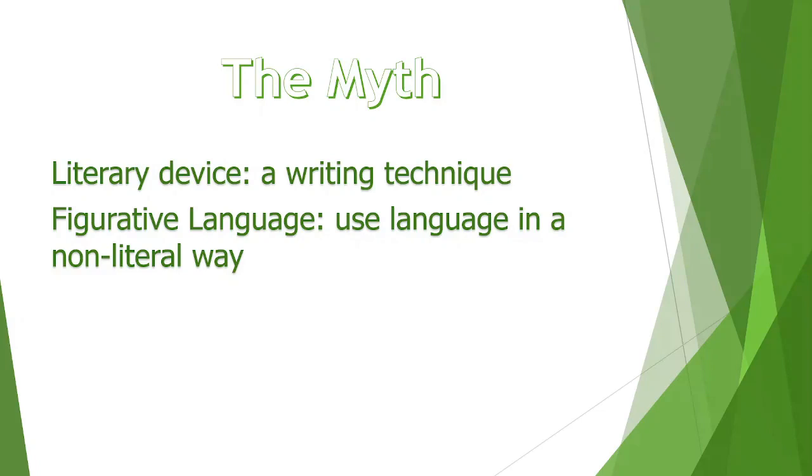A literary device is a writing technique that writers use to express ideas, convey meaning, and highlight important themes in a piece of text. Figurative language is the use of language in a non-literal way to create a comparison or emphasis.